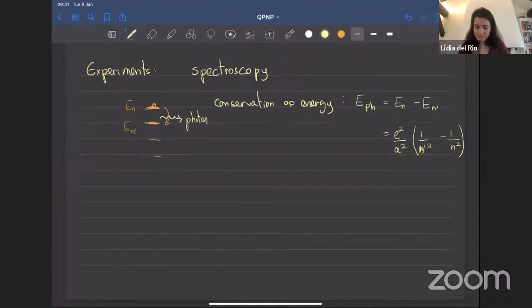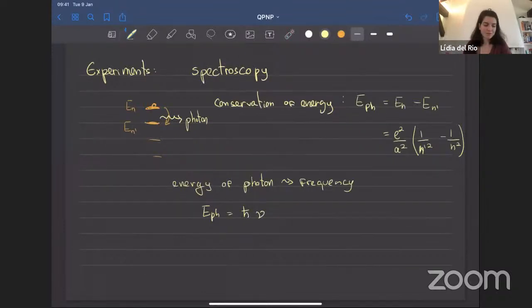And what is the energy of a photon? It's related to the frequency, which means the color of the photon, essentially. The energy of a photon is h bar times the frequency.